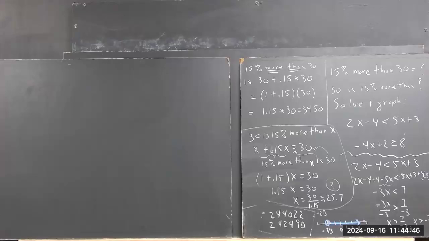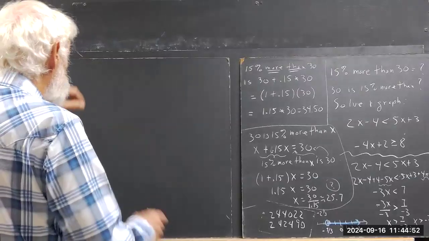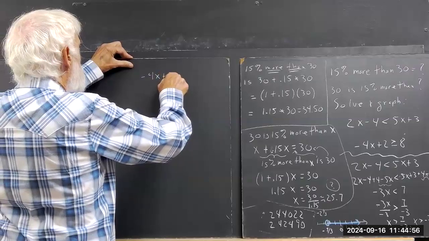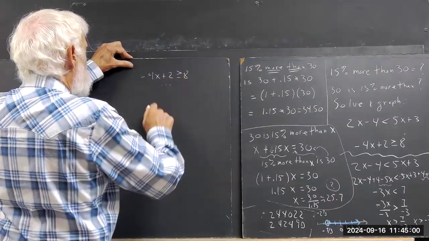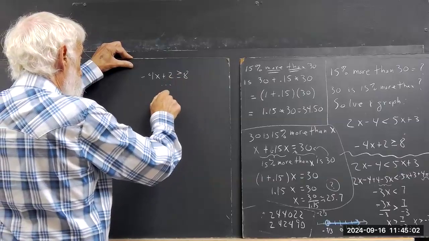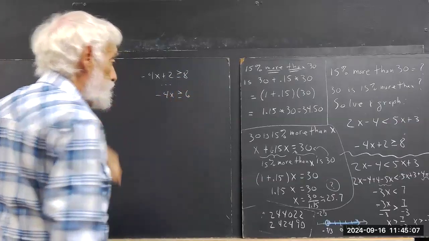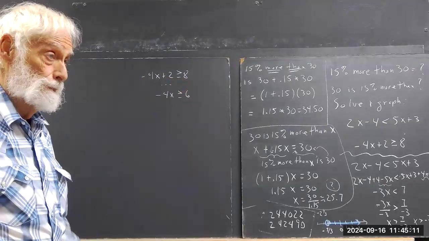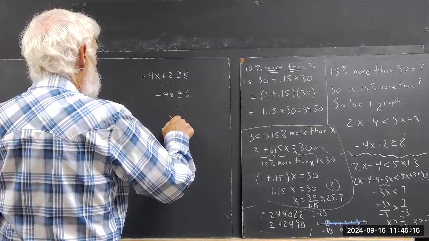All right. Okay, well, do the same thing with -4x plus 2 greater than or equal to 8. You'll put dots in for steps you ought to fill in. You're going to get -4x greater than or equal to 6, because you're going to subtract 2 from both sides. And then you're going to get x.